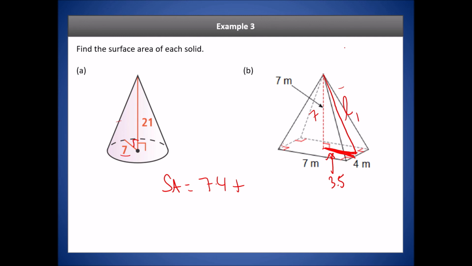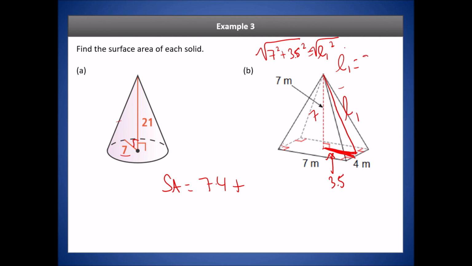Okay, so we're going to use Pythagorean theorem. So we got 7 squared plus 3.5 squared is equal to L1 squared. All right, and then we're going to take the square root of both sides to get the slant height. And the slant height is, let's see here, we got square root of 49 plus 3.5 squared.